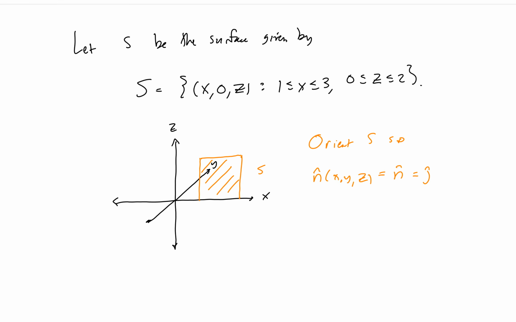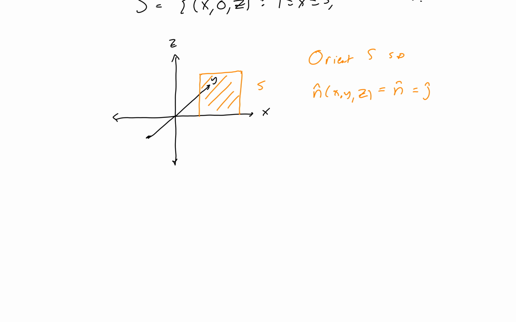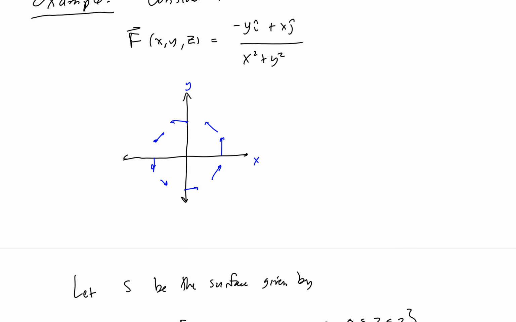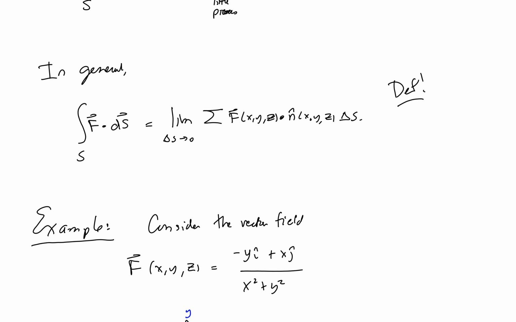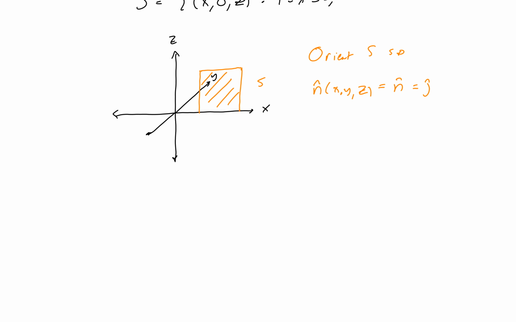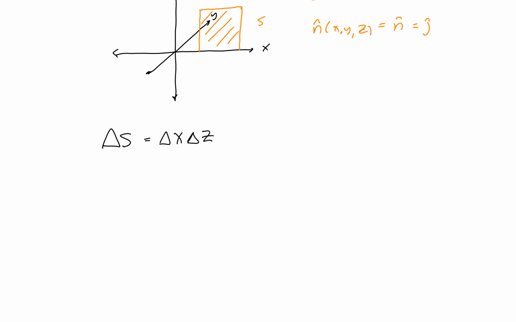So now if we think about the terms in our integral, if we go back up here and look at what we have, well, I just told you that n hat is equal to j. My delta S here, since this is a flat surface, is just going to be a little change in x and a little change in z. So if I think of delta S as a vector, this is just delta x, delta z, j hat.